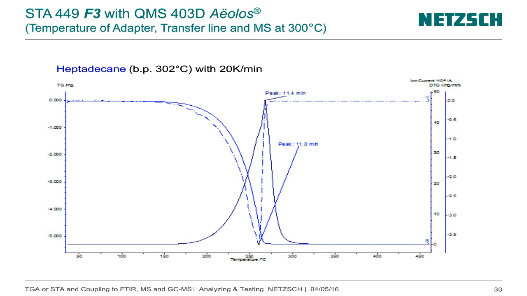And for sure, if you have evolution and you have a gas path, the detection in the mass spectrometer must be a little bit later. So everything is fine, and it goes down fine, so no problem. So with the 3D ILOS and STA with a heated adapter, there is no problem with things of boiling point 302 degrees C. For sure, if you go higher and higher, you will also get some problems, but then you should take the skimmer system.